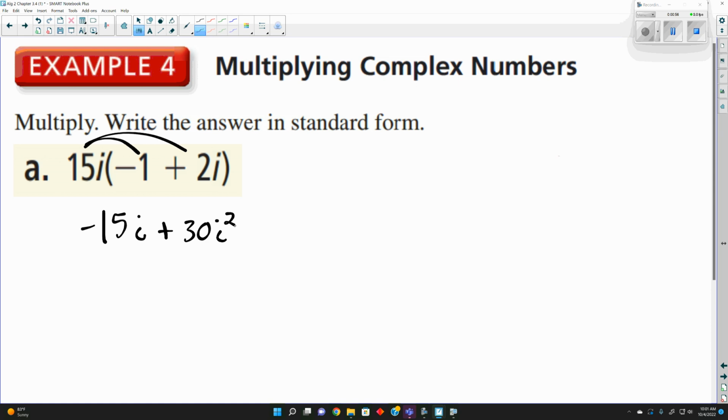So really, all it's going to do is change the sign for 30 from positive to negative. So I'll cross that out and change the sign from positive to negative, because that's all it's going to do, which will tell us that this is negative 30 minus 15i.